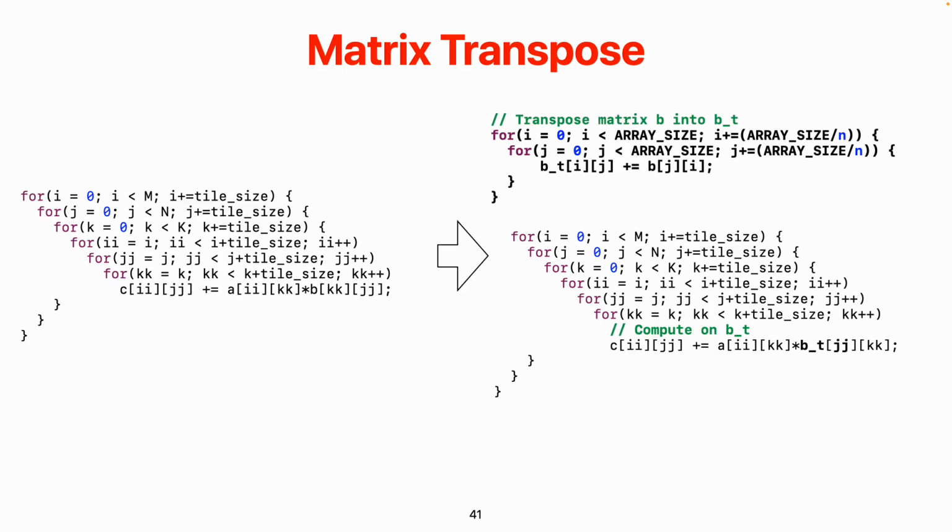This is similar to something we have done before, where we sort the data and then run a query. Here we are adding one more step, transposing a matrix, and then running the code. So here, I just need to change the element that I traverse. So how would that help?